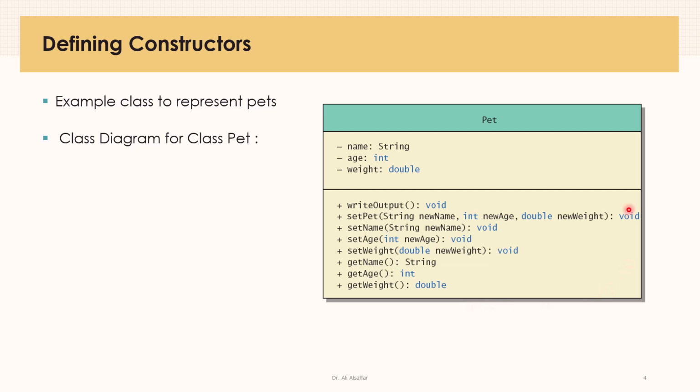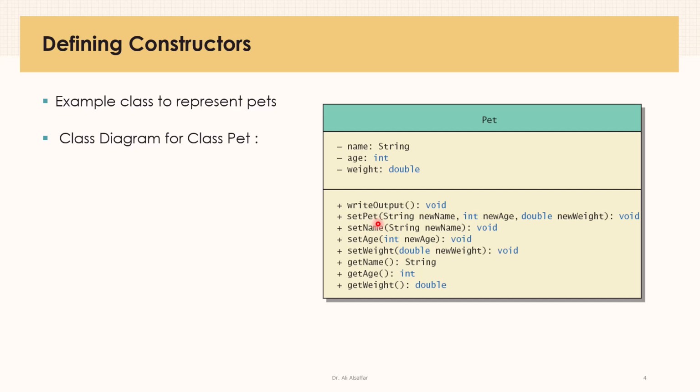These are the methods that are defined inside Pet. One is for writing the output, which is displaying this information, the instance variables, whenever it is required. And the second method is used for setting the 3 instance variables at once.